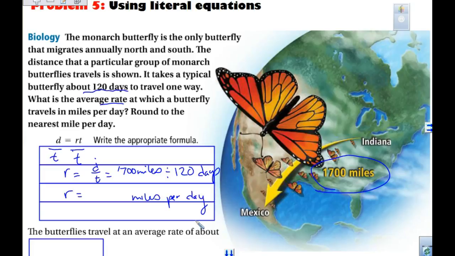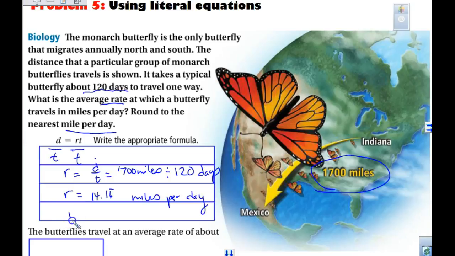And when you did the division, what'd you end up with, Elizabeth? 1,700 divided by 120. So if we are reading it and it says to round it, so the 14 point, what'd you get? 1/6 repeating, and it says, but round it to the nearest mile per day.